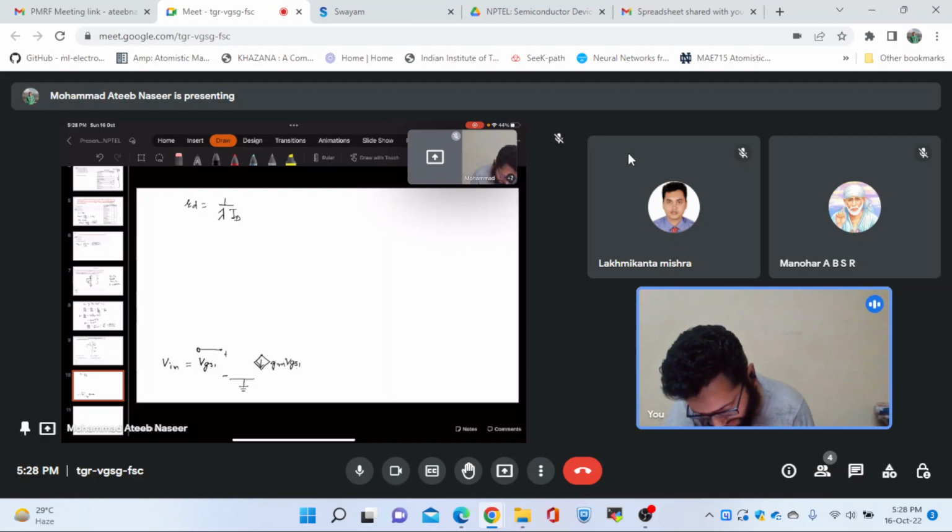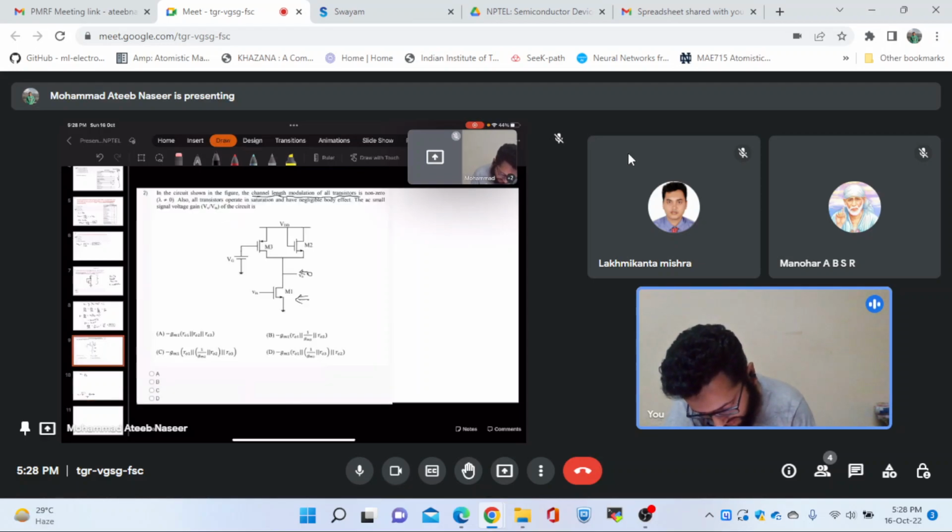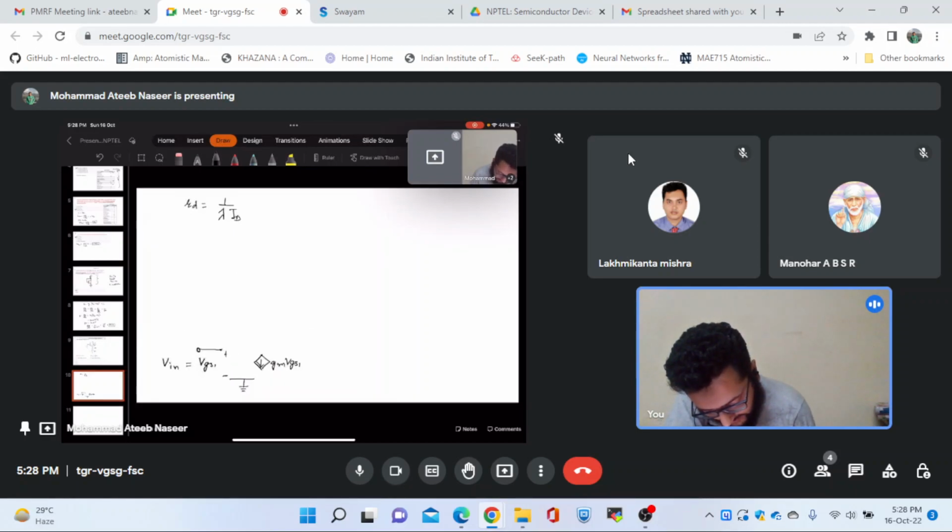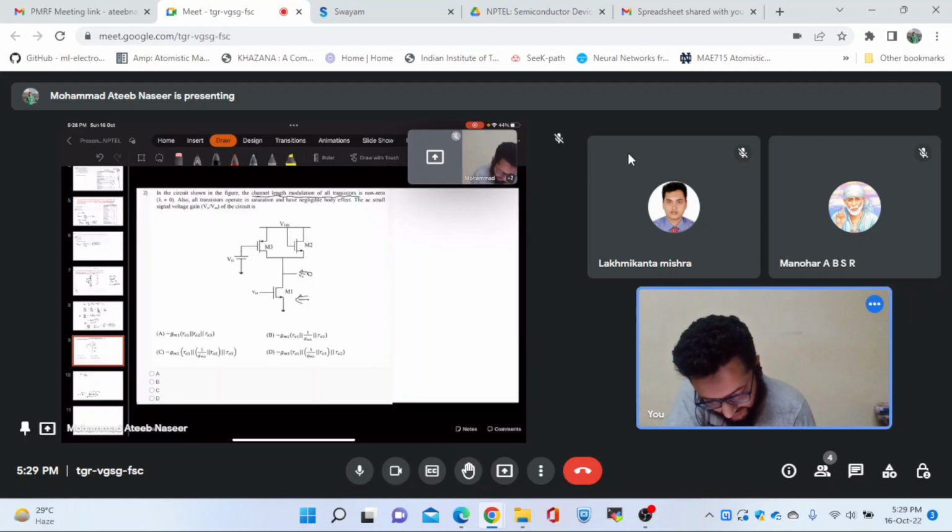We have been told that this is equal to V in. This is the small signal model for this transistor, and this is its resistance, which is r0 1. This is where we have to look into the output voltage. This is V naught.